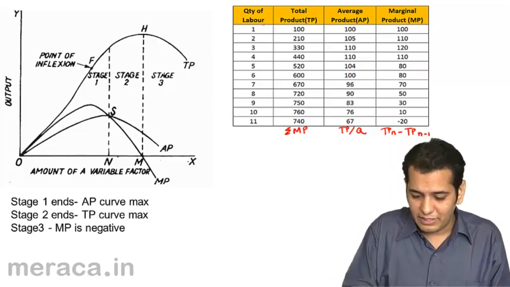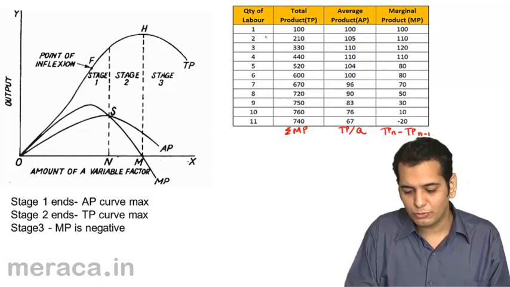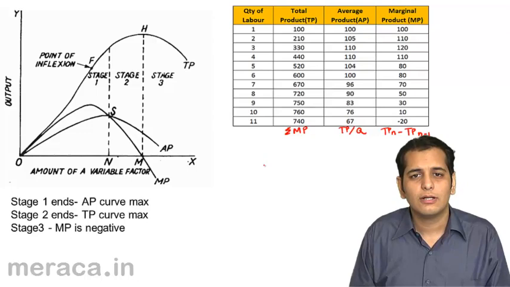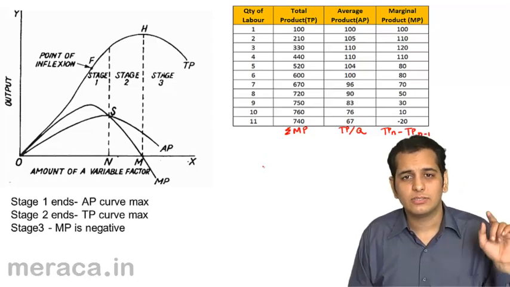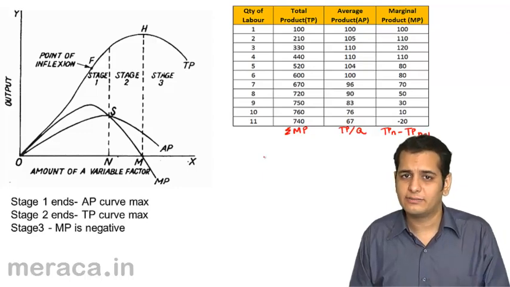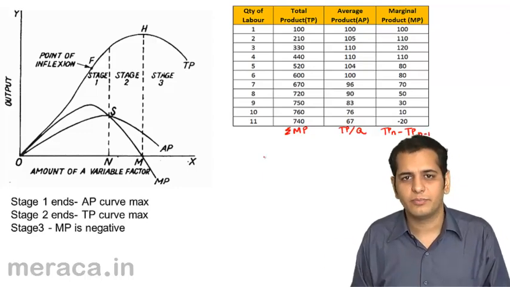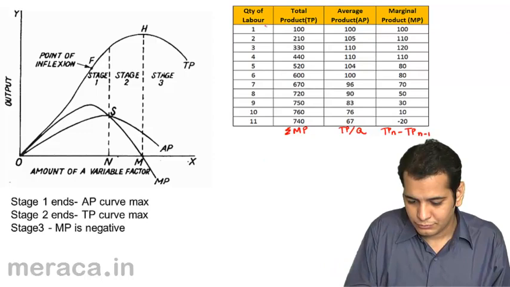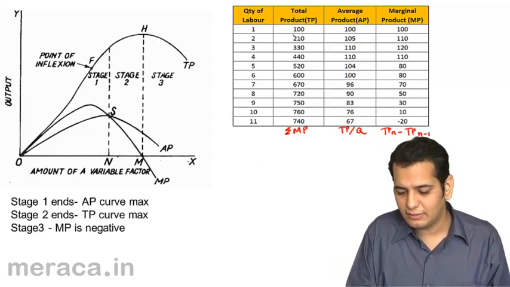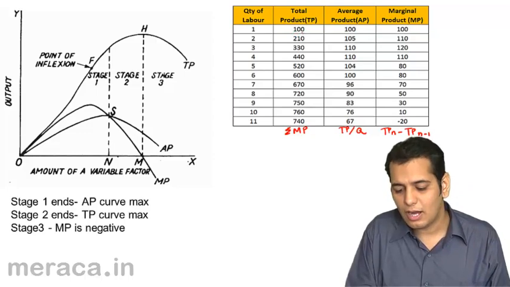So when we are increasing the labor from 1 to 2, 2 to 3, 3 to 4, 4 to 5, and so on, the number of machines, the amount of land, factory, building, etc., every other thing remains the same. Now when we have one laborer in our factory, he produces 100 units.